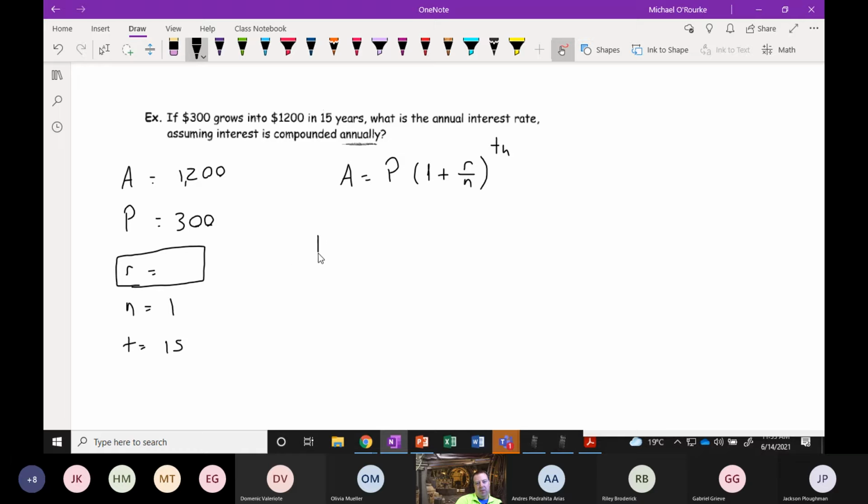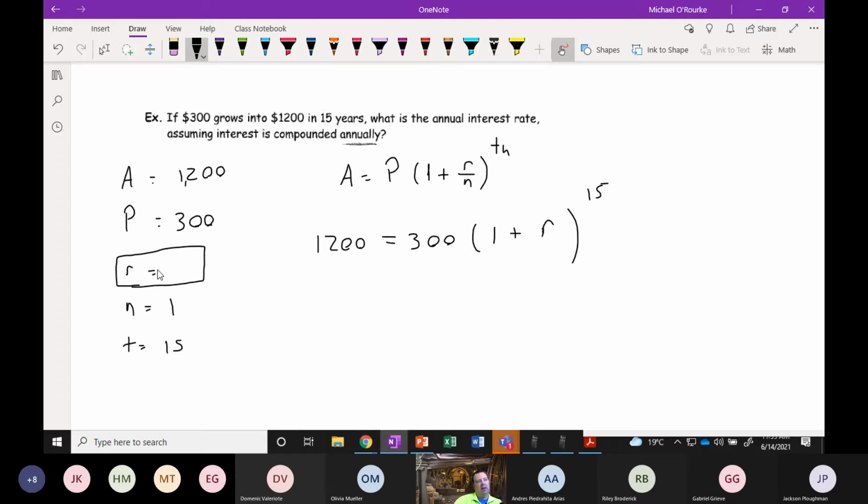Let's plug all our numbers in first. 1,200 equals 300 bracket 1 plus R over 1 to the power of 15. Now, if it's R over 1, we can just get rid of that 1. It's just R.